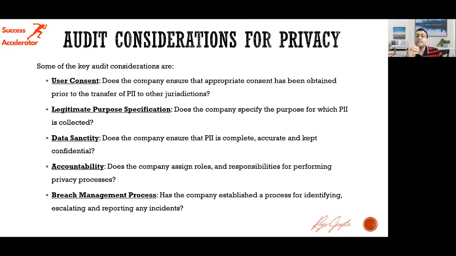So in case a breach happens, has the company established a process for identifying that, okay, yes, today the breach has happened, and do they have an escalation mechanism and a reporting mechanism? That's something which has to be clearly defined, and we as IS auditors check how well that process has been defined. Yeah. So this again, guys, is a very important process from your exam perspective.